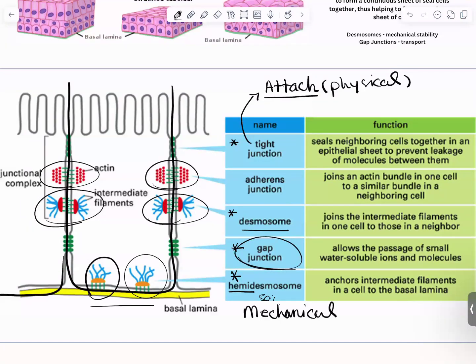Gap junction is a very specific type. Cells are connected to each other, right? There is a kind of junction that forms a way to transport materials between the cells. And the type of junction which is responsible for forming these channels to transport materials is the gap junction.